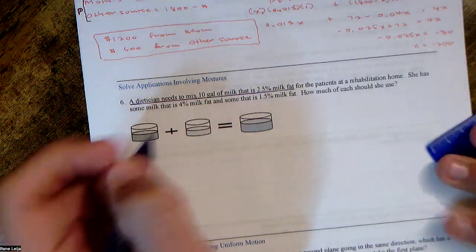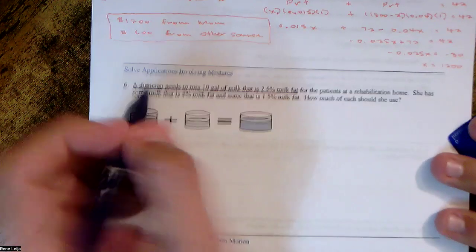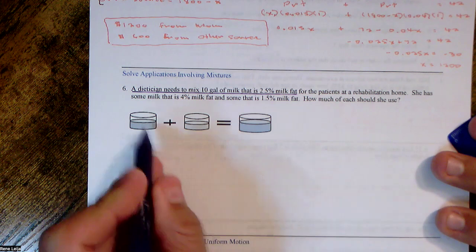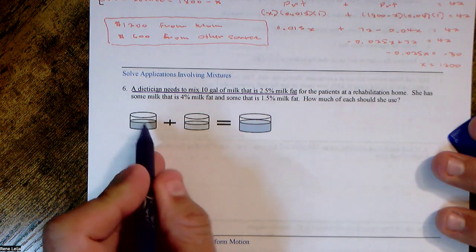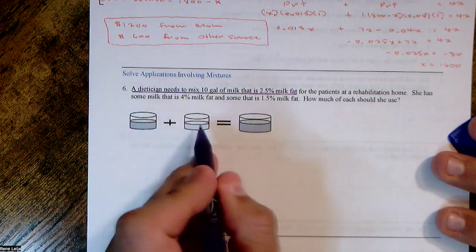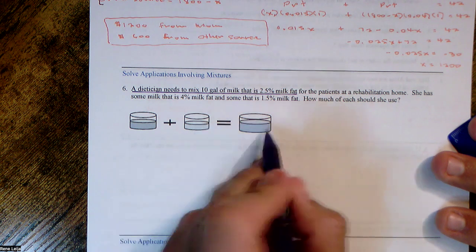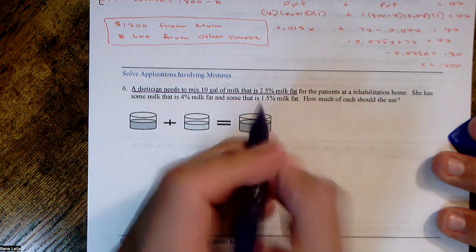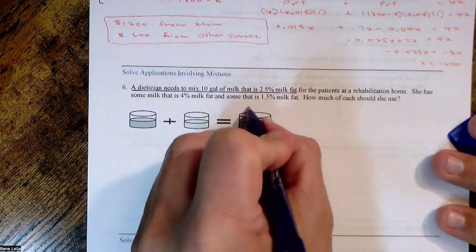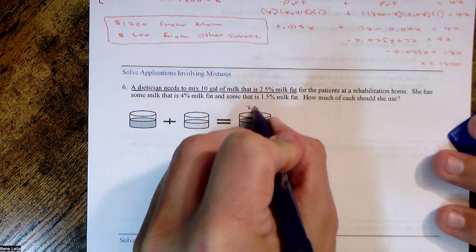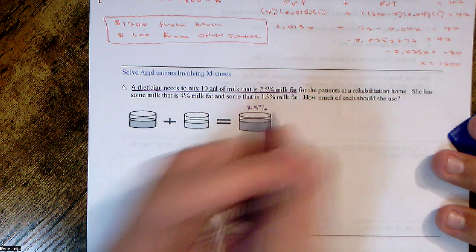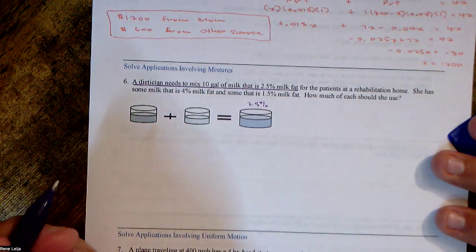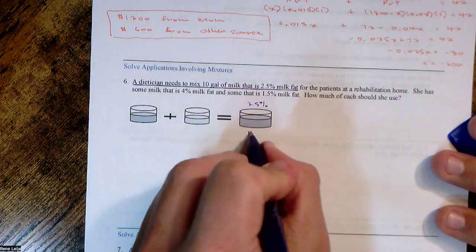That's what they want. Okay, so that means here's our mixture. We're going to mix this whatever this is, whatever plus whatever this is, gives us our mixture. This is the mixture. And this is going to be the 2.5% milk fat. And how much of the 2.5% do we want? We want 10 gallons.